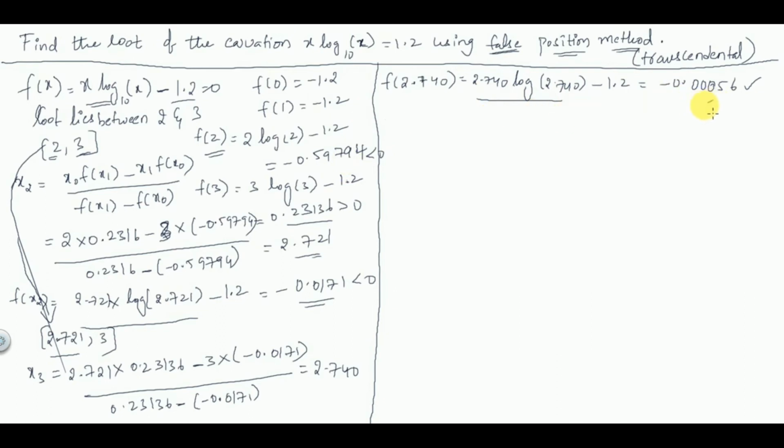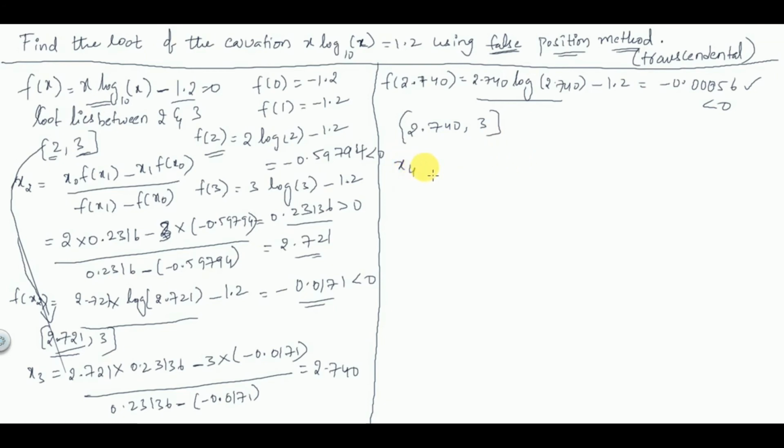It is less than 0, again negative, so 2.721 is replaced by 2.740. Now the root is bracketed between 2.740 and 3, and the difference has decreased further.